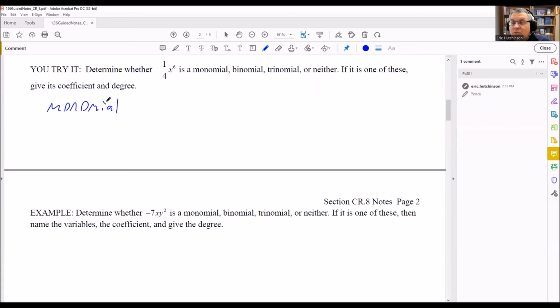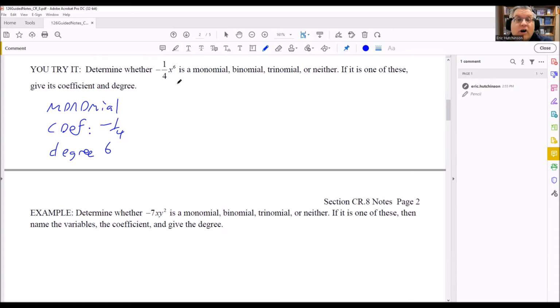So that's why we say it's a monomial. And because the power is a whole number, it's one of the counting numbers, that's how we know, again, it's going to be a monomial there. The coefficient is the number in front of the x, so negative 1/4. And we're going to say, once again, this is a degree 6.